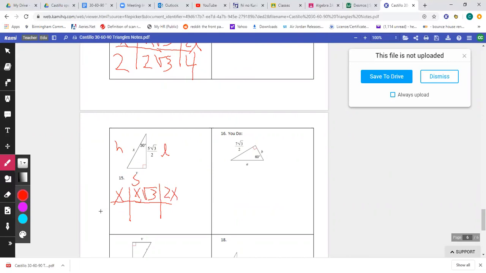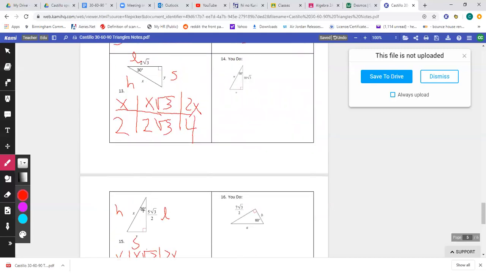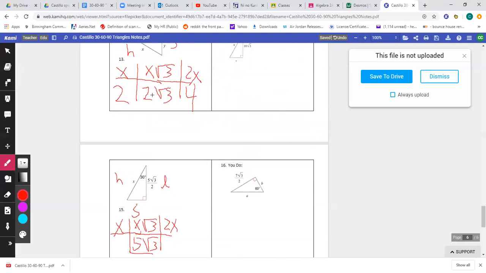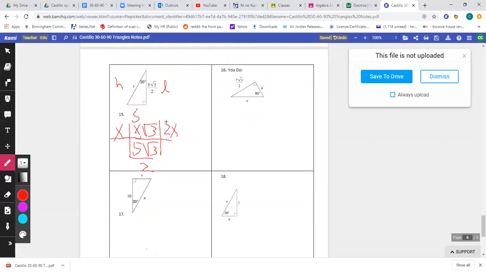So once again, what did they give me here? They give me 5 root 3 over 2. Okay, this one is very similar to 13. Just don't get thrown off by the fraction here, right? So look, if this was 2 root 3, we know this had to be 2. You just take away the root 3, right? Because if I multiply it, I get the root 3. So here, this is 5 root 3 over 2.